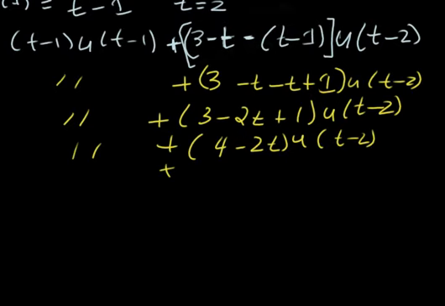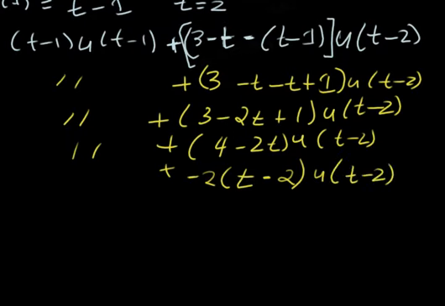So let's factor negative 2 out. So you get negative 2, 2 minus t, okay? And actually, take it back. This becomes t minus 2, u of t minus 2.